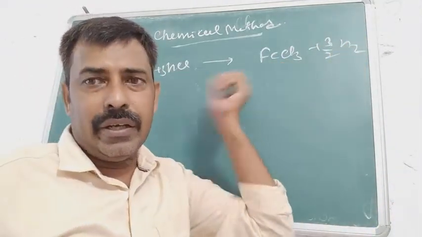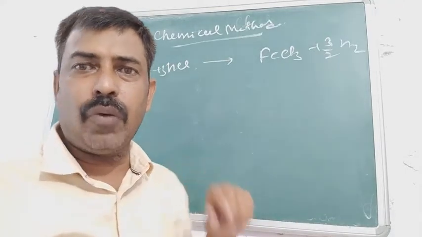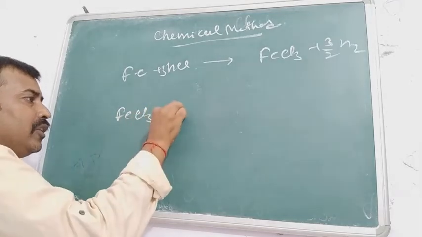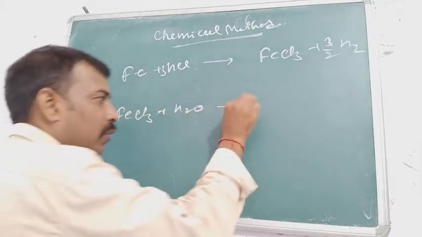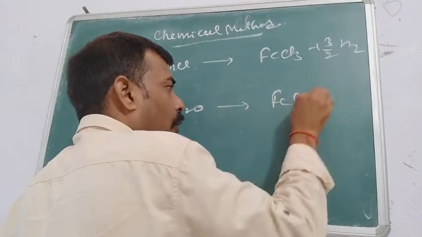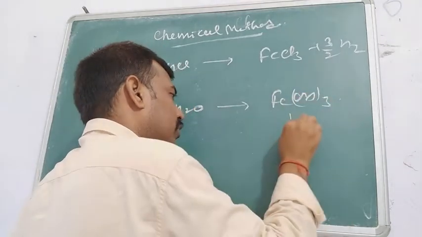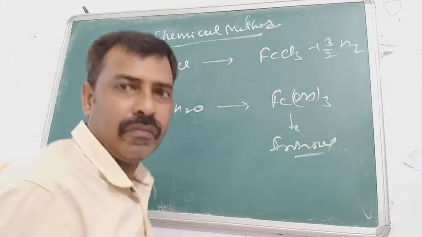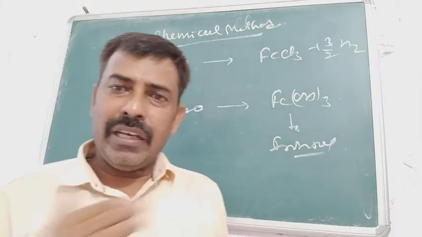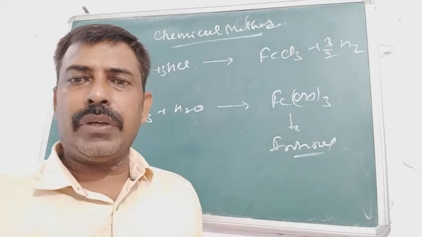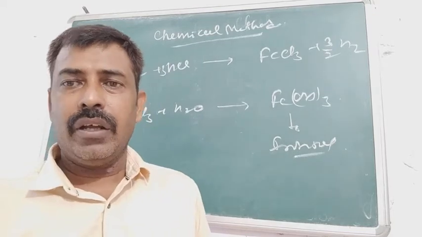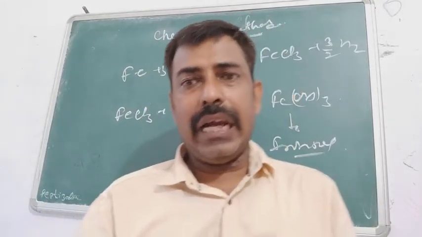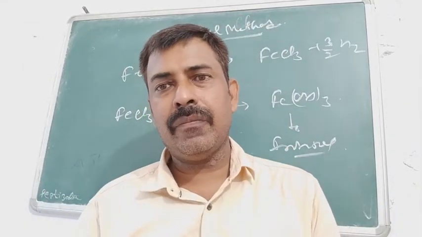This ferric chloride is easily soluble in water. So when FeCl3 dissolves in water, it will form Fe(OH)3, which is called the iron sol. In this way, any metal or substance which is insoluble in water can be converted into a soluble salt and then dissolved in water.